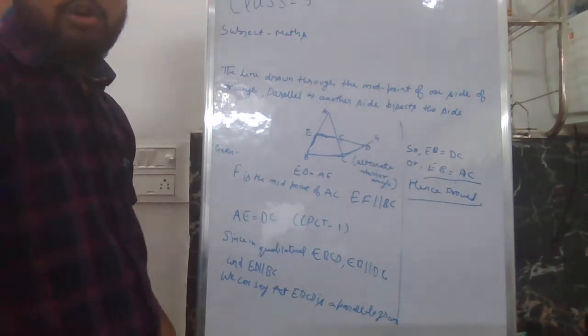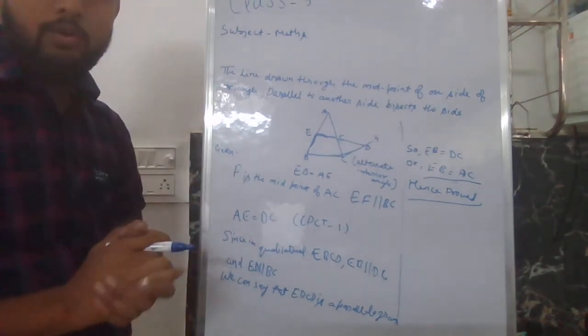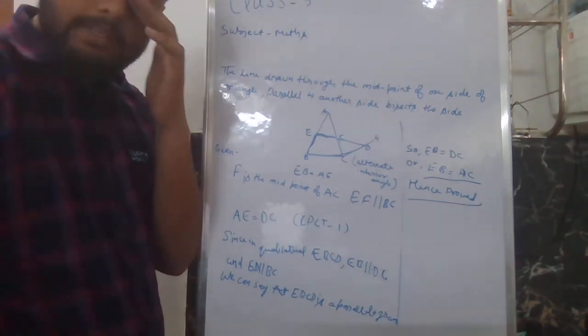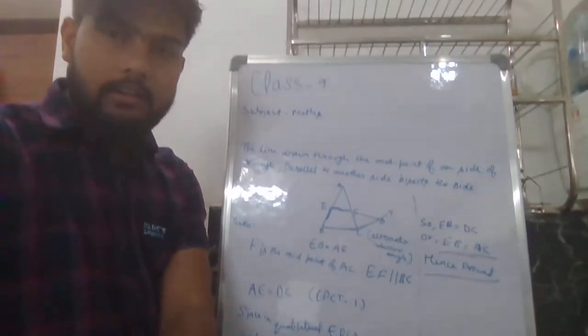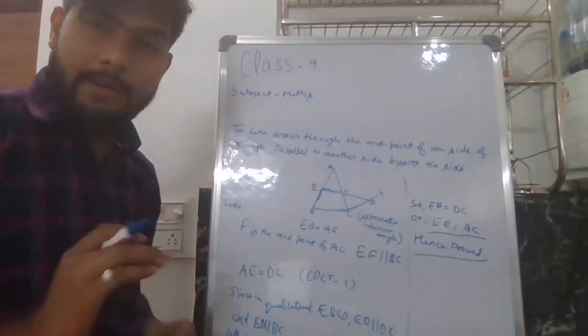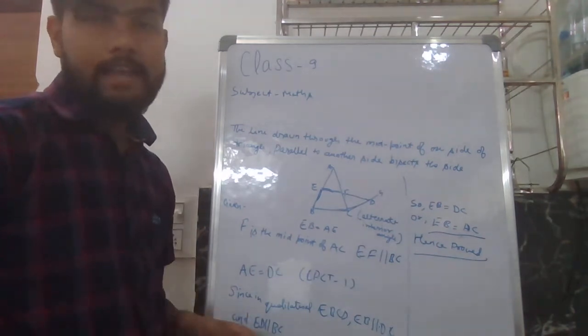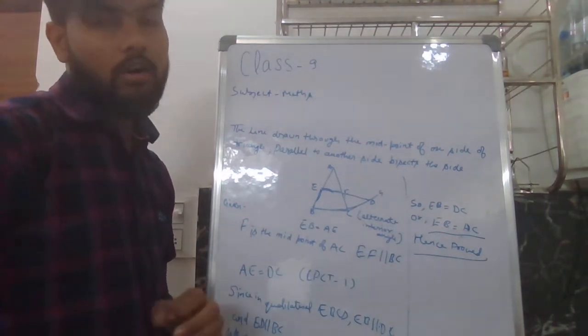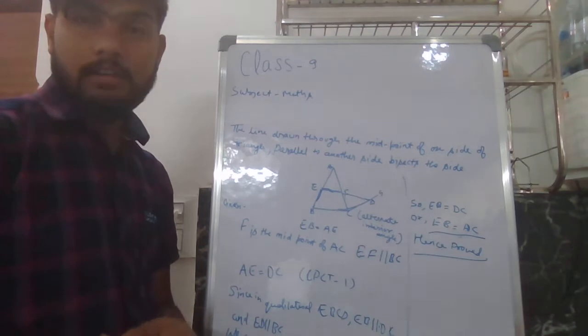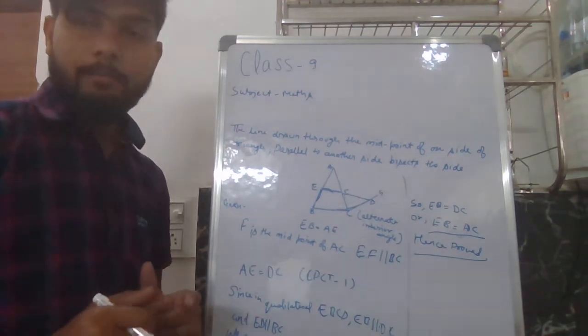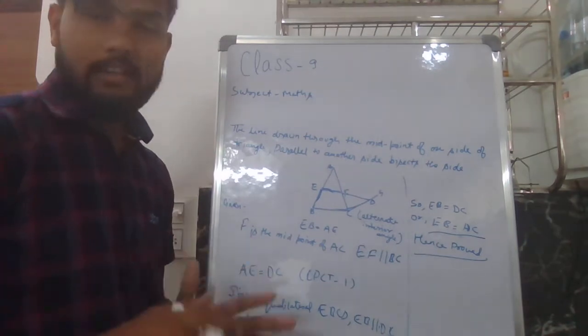Okay, so here I have one question for you, which statement is true, you have to tell me. I will read the statements. The line drawn through the midpoint of one side of a triangle perpendicular to another side bisects the third side. Or the second one is that the line drawn through the midpoint of one side of a triangle parallel to another side bisects the third side.